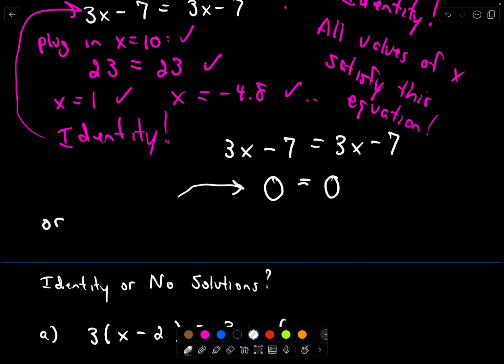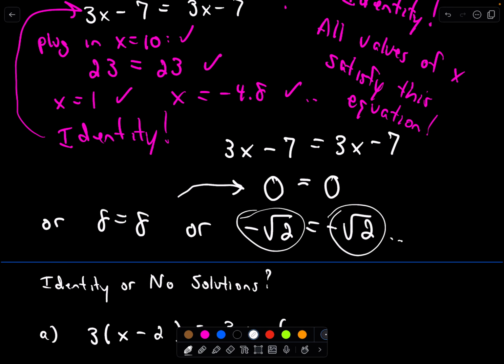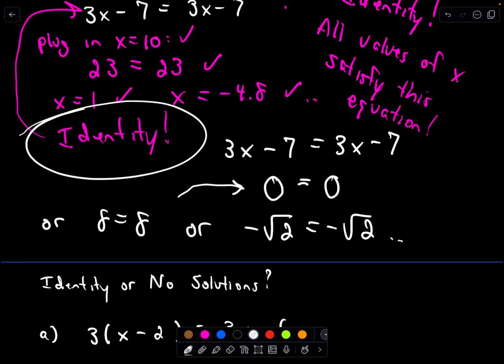But if you end up with something like 8 equals 8, or negative square root of 2 equals negative square root of 2 when you're solving these equations, when you get something equal to the exact same thing, that means, again, you have an identity.